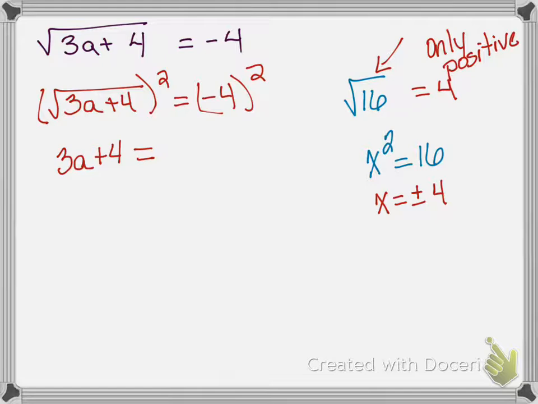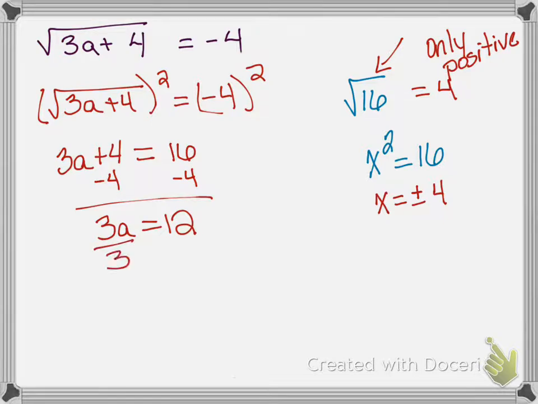What's negative 4 squared? 16. Okay? Now I can solve. I subtract 4 from both sides. So I'm left with 3a equals 12. I divide by 3. And what's my a value?